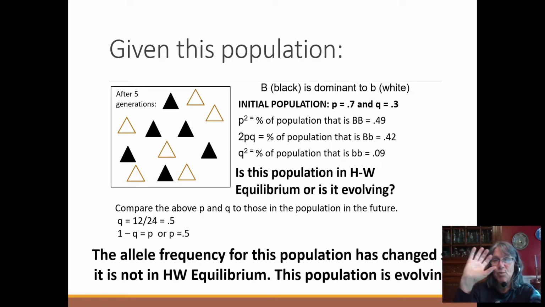But when I calculate my p and my q, as long as they're the same as that original population, then that population's not evolving. So these genotype frequencies can change over time, and I can still be in equilibrium. It's my p and my q that determine whether or not I'm in equilibrium.